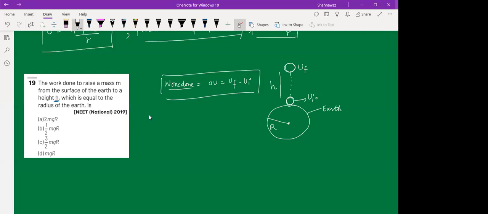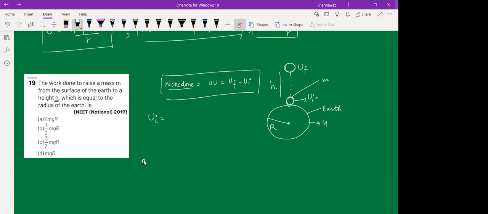So we already know U initial, how much would that be? The center is here, right? So this mass is M, or let's write it as capital M, and this mass is small m. So what would be the initial potential energy? Initially, what do we have?